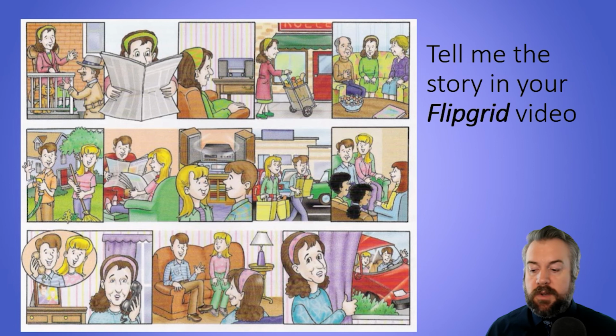Yes, the mother is called Mrs. Kowalski, her son is called Michael, and his wife is called Kathy. So Mrs. Kowalski lives in an old Polish neighborhood in Chicago. She's upset about her son Michael and his wife Kathy. Use the story on page 83 as a model and tell me the story about Mrs. Kowalski.